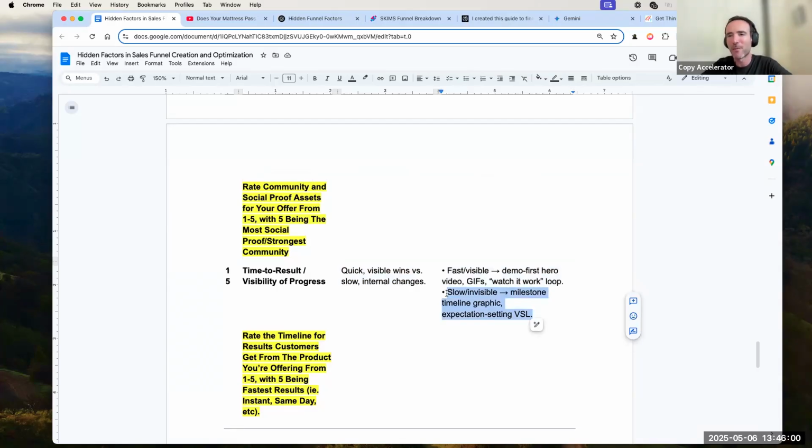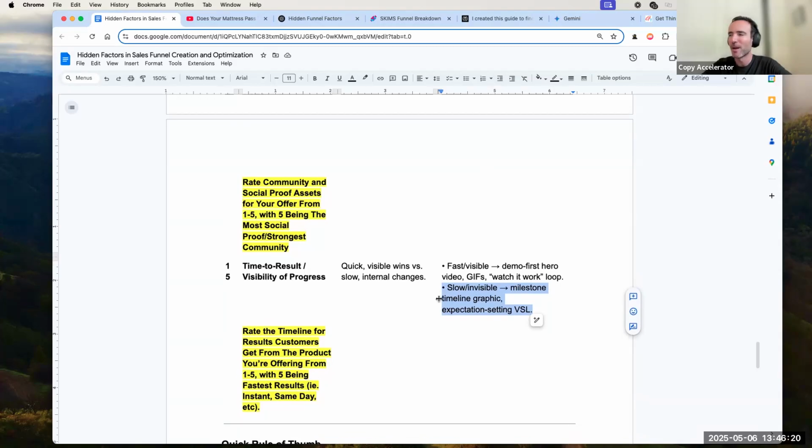In week 2 and week 3 and week 4, or week 1, week 4, week 8, week 12, right? It's creating those milestones of here's what to expect, even on a landing page. It makes sense, but it's extra important to have those assets when you're selling a product that doesn't necessarily give you really quick visible wins, right?